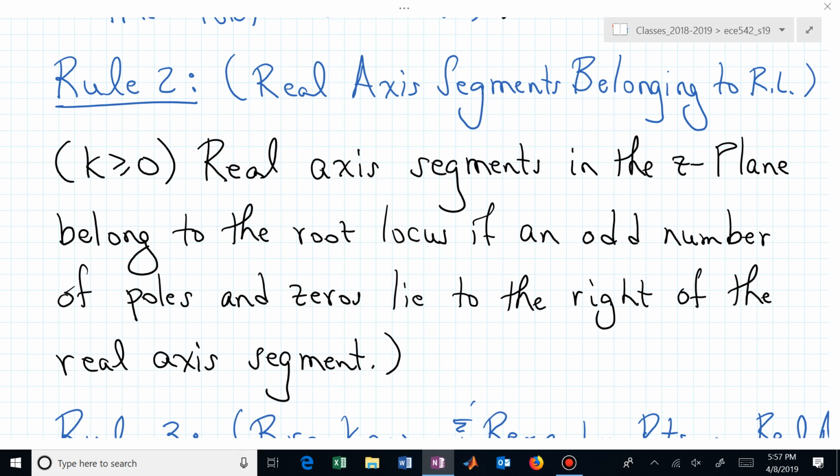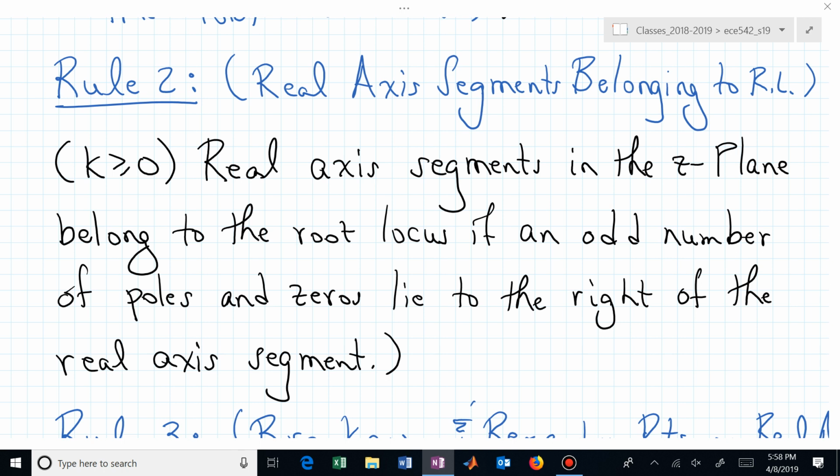All of our poles and zeros that live on the real line, that's where we will have a slice. And now we just need to determine which of those pieces of our bread belong to the root locus. And that's based on the phase angle condition, but basically, if you now go stand on one of those cuts and look to the positive real axis off to infinity, you count how many poles and zeros you see to the right as you look to plus infinity on the real line.